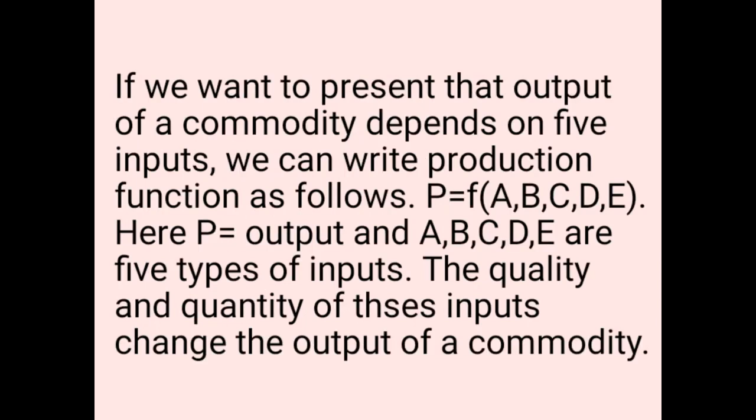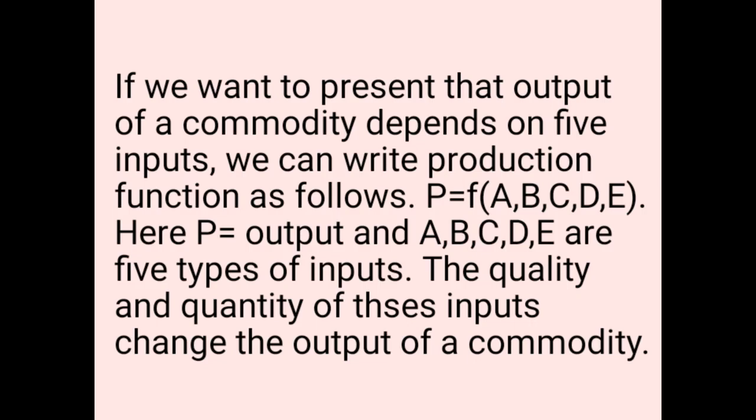If we want to present that output of a commodity depends on 5 inputs, we can write production function as follows, that is P equals F(A, B, C, D, E). So there are 5 inputs A, B, C, D and E, and P is output and inside F's bracket we have to take the inputs.